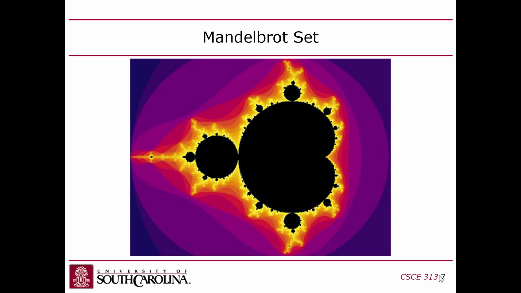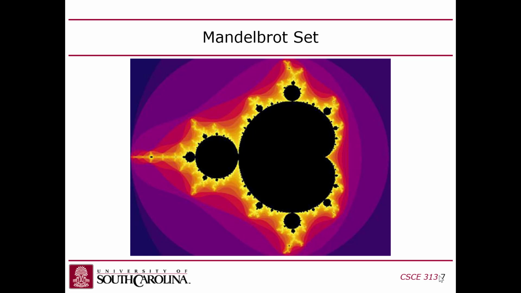It's in the middle vertically, but horizontally it's over to the right a little bit. That's 0, 0, the origin. It's probably in the middle of this bulb. So obviously 0, 0 is in the Mandelbrot set, which makes sense because z squared will always be 0.